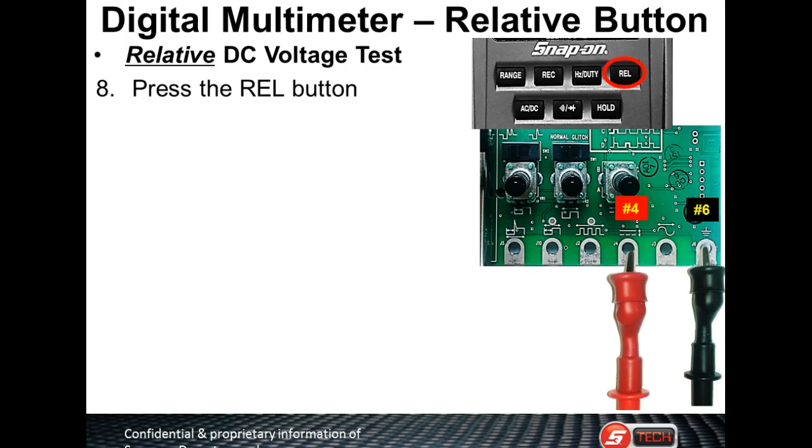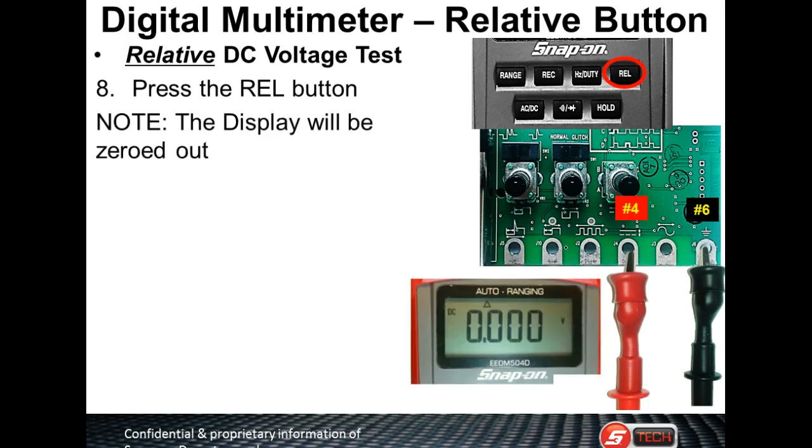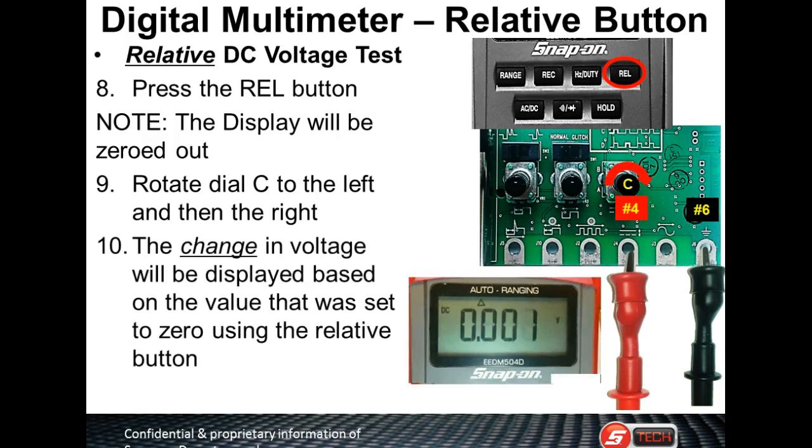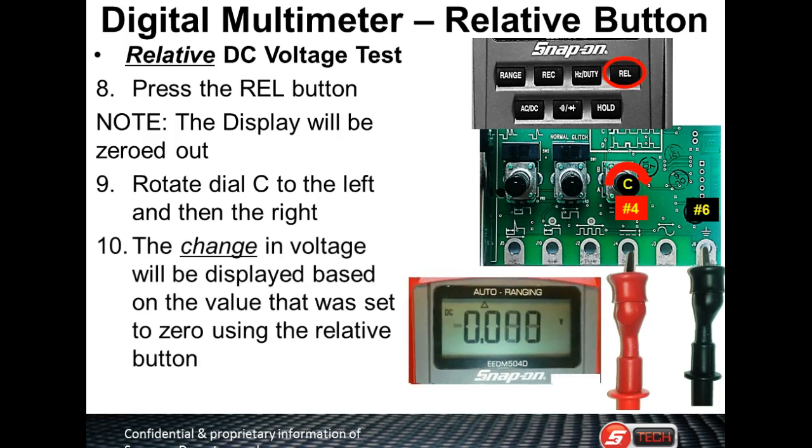Everybody okay? And then when you press the relative button, what happened? It should go to 0, right? Because that's what we're doing. We're making a measurement relative to the original voltage. Display will read 0. Rotate it counterclockwise, and it should go negative because you're below the reference, right? Does that make sense?